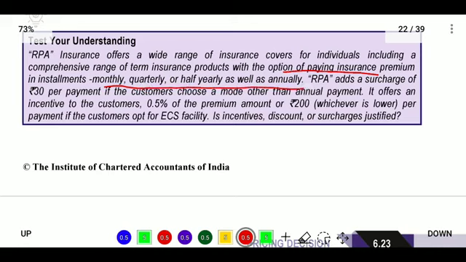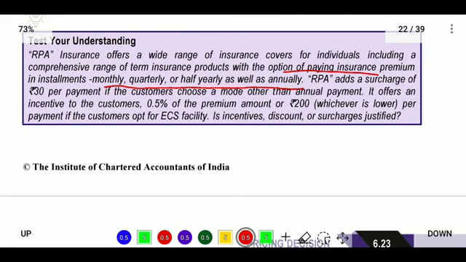RPA adds a surcharge of 30 rupees per payment if the customer chooses a mode other than annual payment. So he is giving a term insurance and the customer is choosing quarterly, half-yearly as well as annual payment, and the surcharge will be added per payment if the customer chooses a mode other than annual payment.